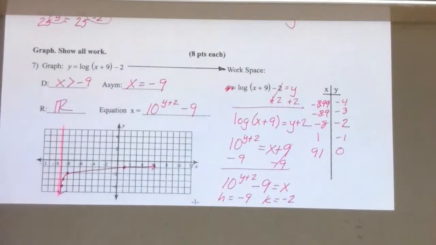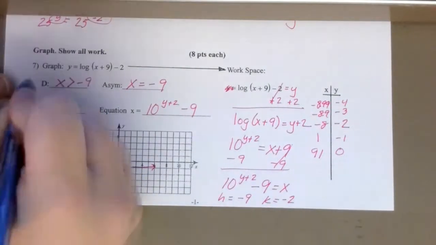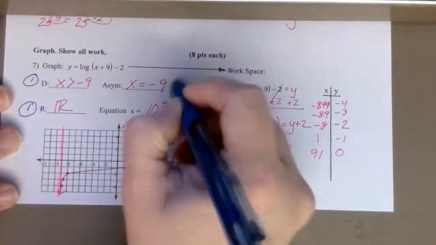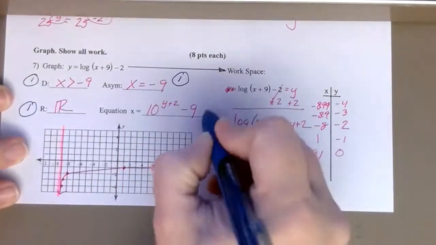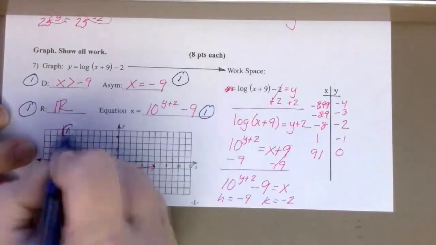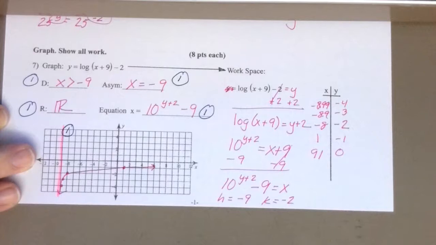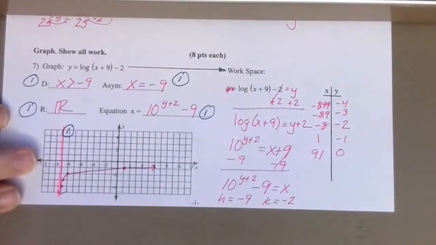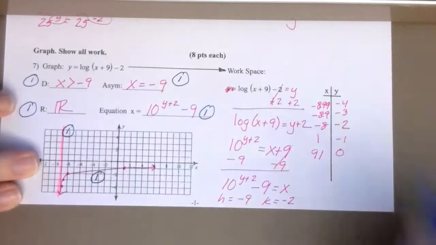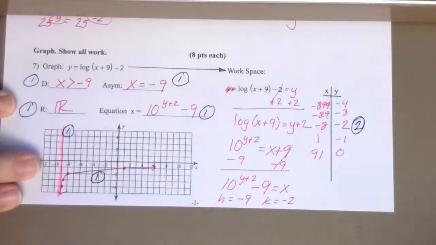Let me tell you how I broke down the 8 points for that. There were 8 points for that question. It's the same on the back. I give you 1 point for your domain, 1 point for your range, 1 point for your asymptote, 1 point for your equation, 1 point for the asymptote drawn in correctly, not incorrectly, 1 point for the graph actually done correctly, and then 2 points for your XY chart.